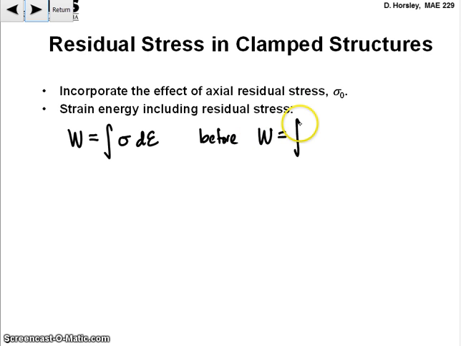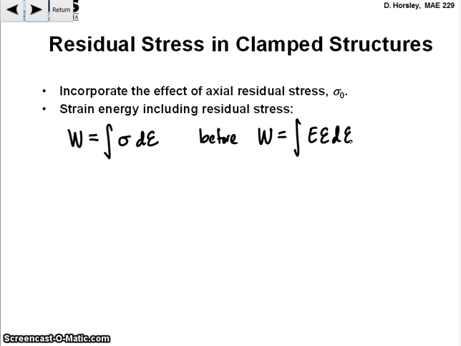And if you remember strain energy in general, the way we got the strain energy is it's the stress integrated over the strain, like this. And what we saw before, we had W is equal to the integral of E times epsilon d epsilon.